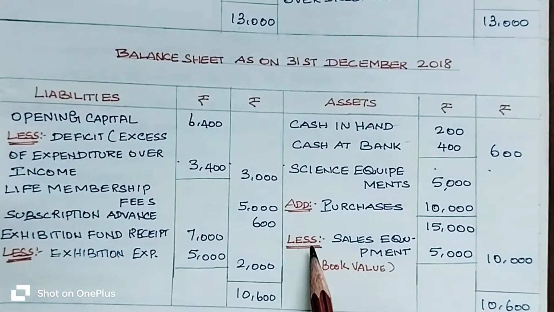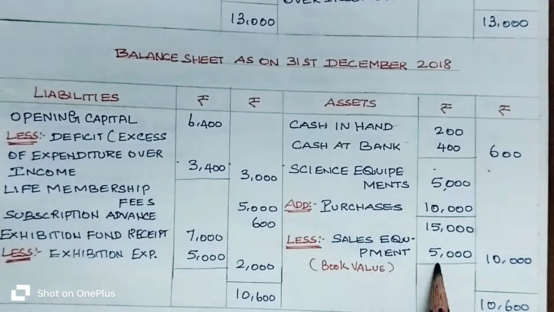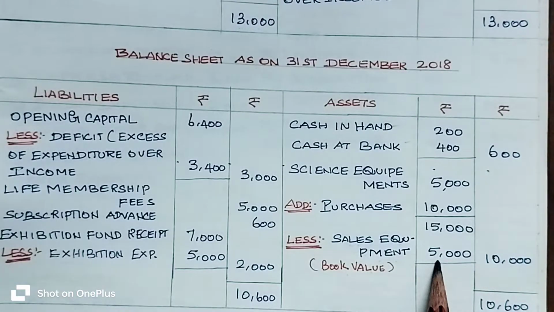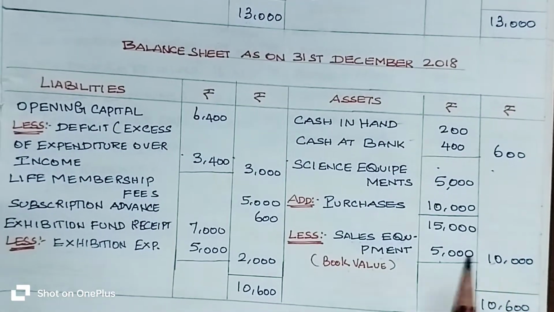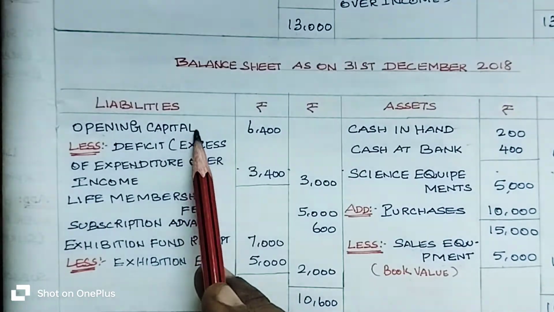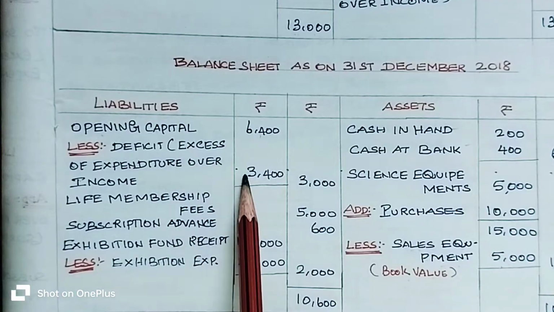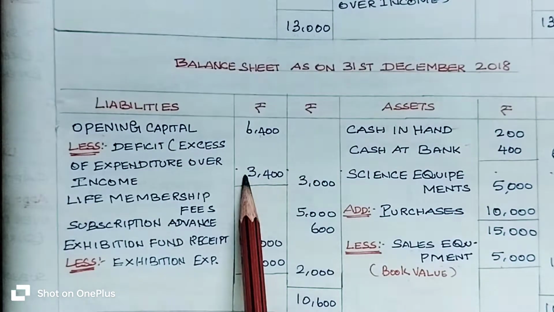5,000 rupees. As per the format, we subtracted the sale of equipment at its book value, 5,000 rupees. We will get 10,000 rupees. Then on the liability side, opening capital, that means capital fund, 6,400, and we have to subtract the deficit 3,400.